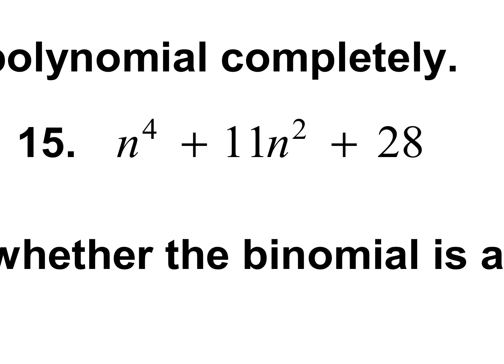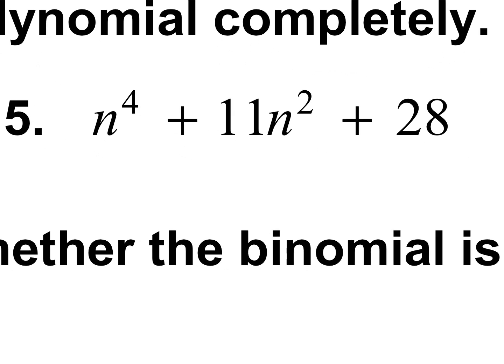Let's look at 15. How would I factor 15? What are two factors of 28 that add to 11? 4 and 7. So what would go into my parentheses? N squared plus 4 and n squared plus 7. Awesome.